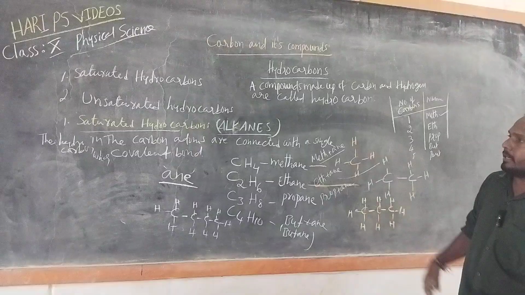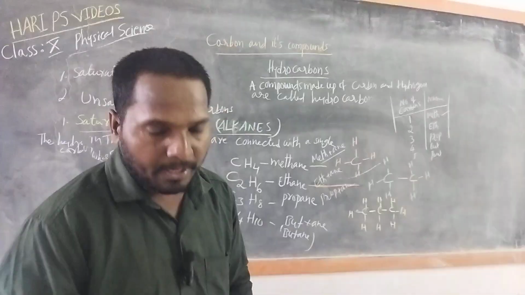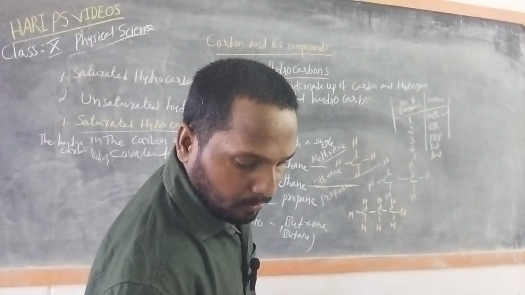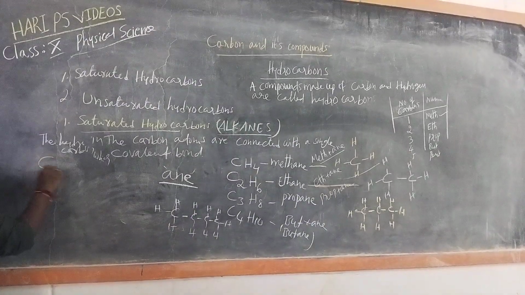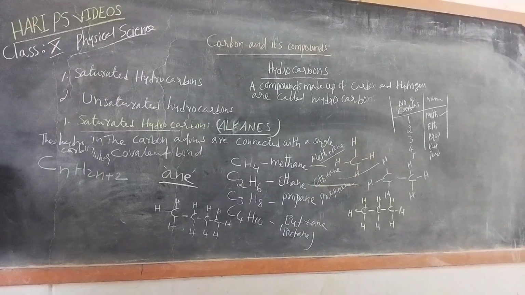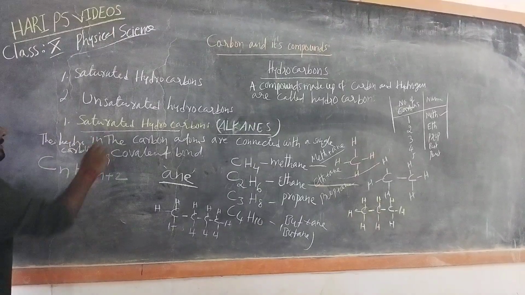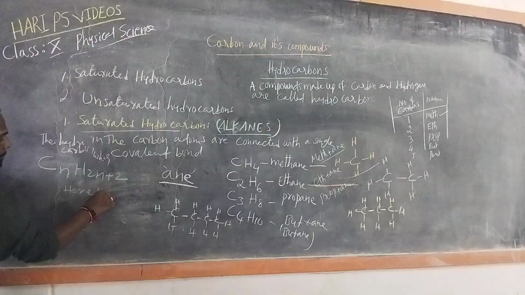So for saturated hydrocarbons, we have a general formula for alkanes. The general formula is CnH2n+2. Here n represents the number of carbons.